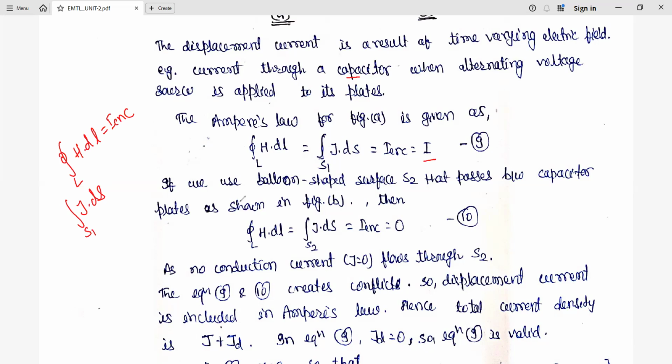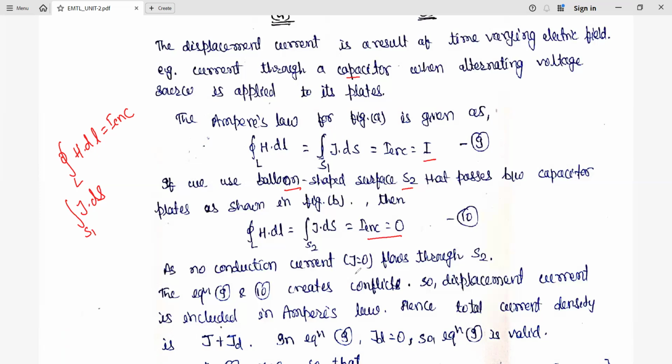Now we can use another structure, that is the balloon shaped surface S2. It is going to pass between the capacitors. In this situation, the current enclosed is 0, because the current carrying wire is not enclosed by this Amperian path, by the surface of that balloon. Only it is going to pass between the capacitor.